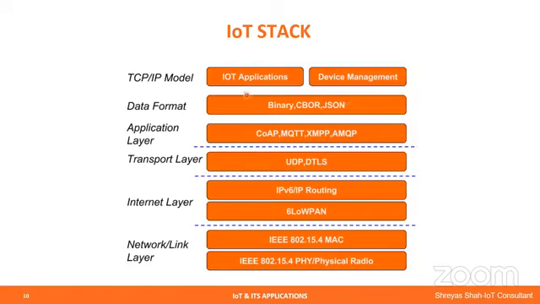Then there is the IoT application and device manager. As I said, each device has any number of applications. Now comes the transport layer. We know that the widely used transport mechanisms are TCP or UDP based communication, or socket communication.